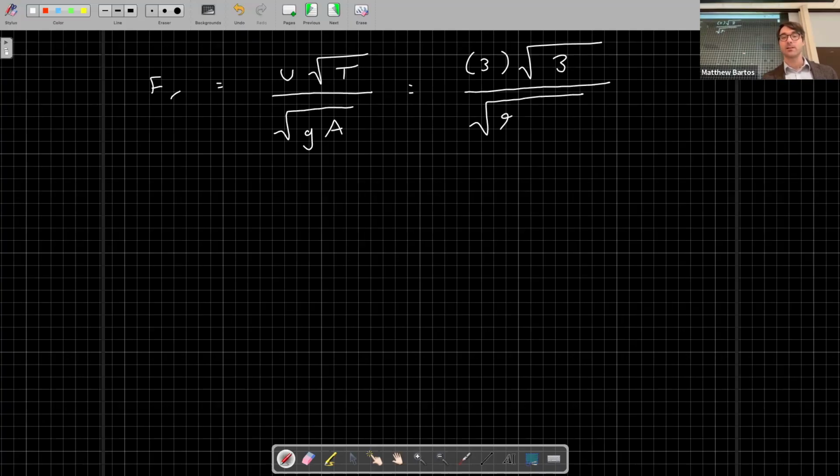The acceleration due to gravity is 9.81, and the cross-sectional area is 3, the bottom width, times 3, the depth. If we evaluate this, we get, at the upstream end, 0.55.